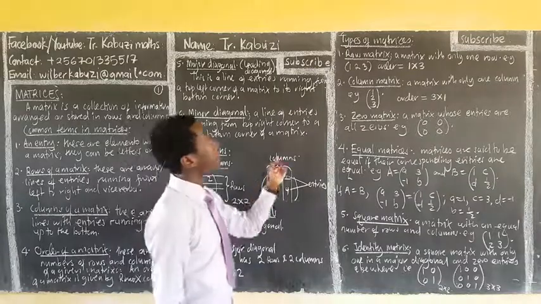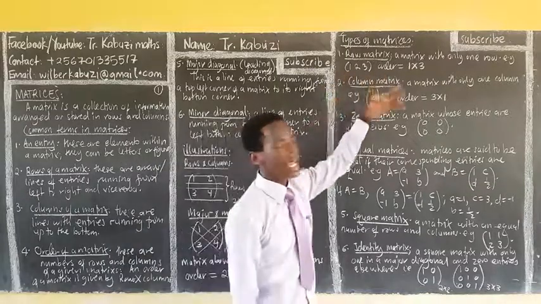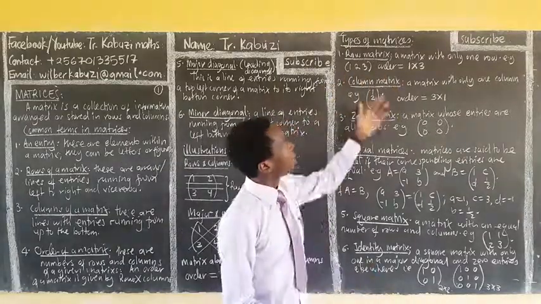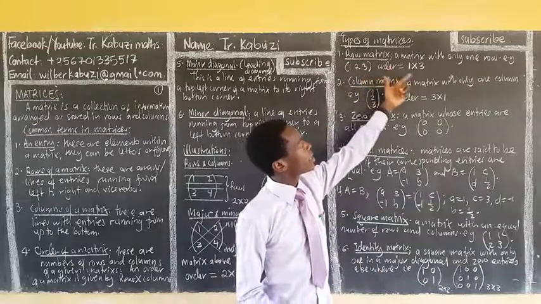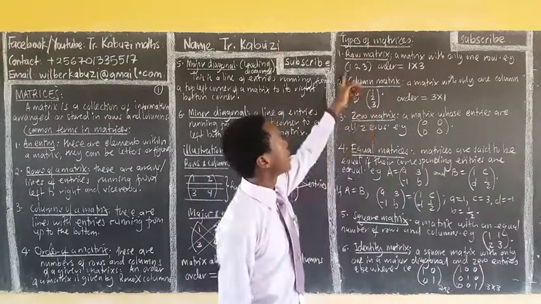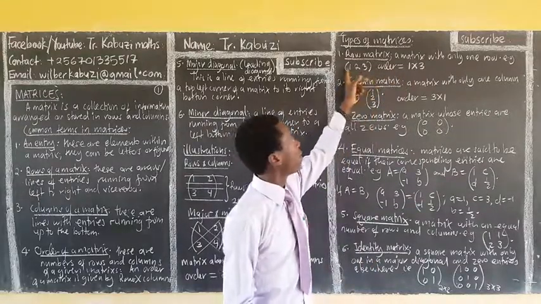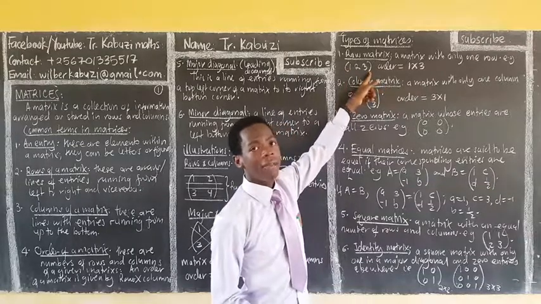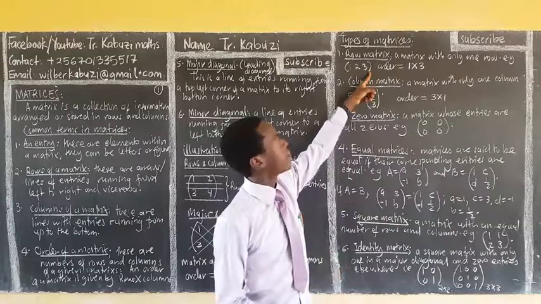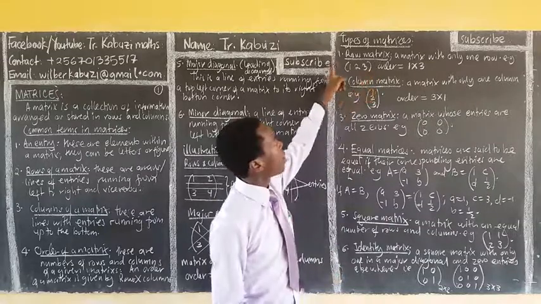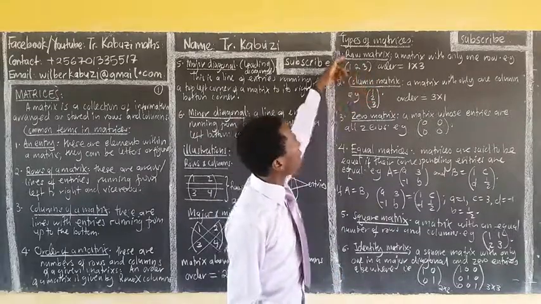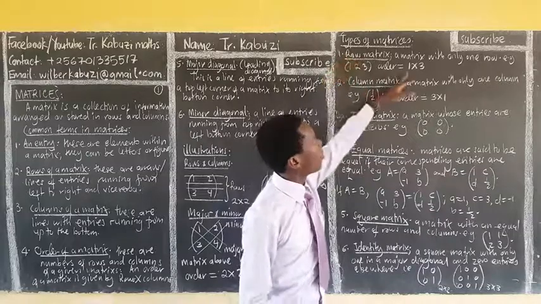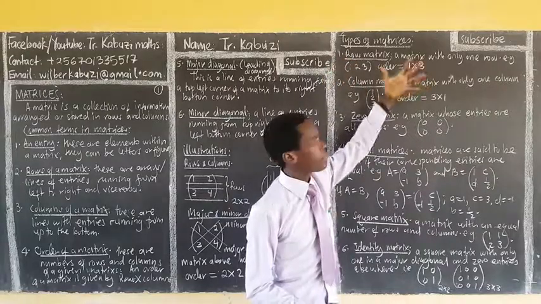Then types of matrices. We have a row matrix, a matrix with only one row. You see that this one is only one row from left to right. Remember, orders are given by row by column. So one row, how many columns? 1, 2, 3. One row, 3 columns.